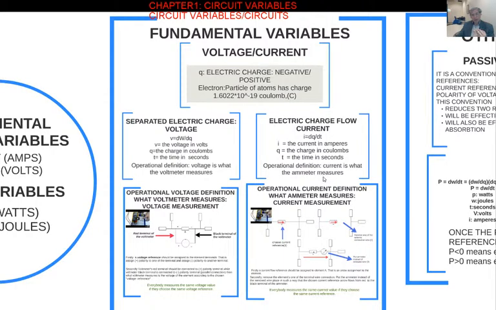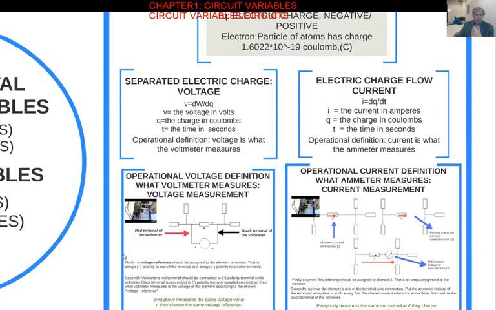So one multimeter is at the same time a voltmeter and an ammeter. So once we come to those operational definitions, we know how we are going to measure it. So the next step is to examine those.